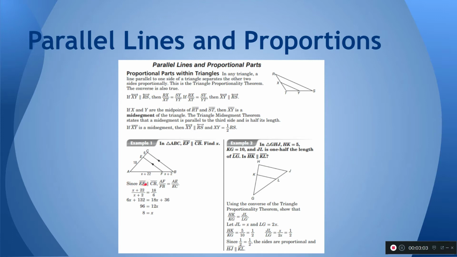Since EF is parallel to CB, we see the notations for parallel, then we can say that AF over FB, these two sections of the triangle, equals AE over EC.